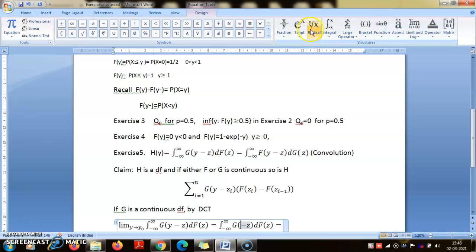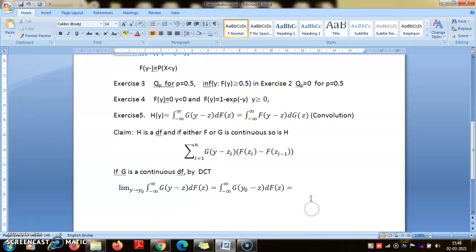So that is coming from the dominated convergence theorem.